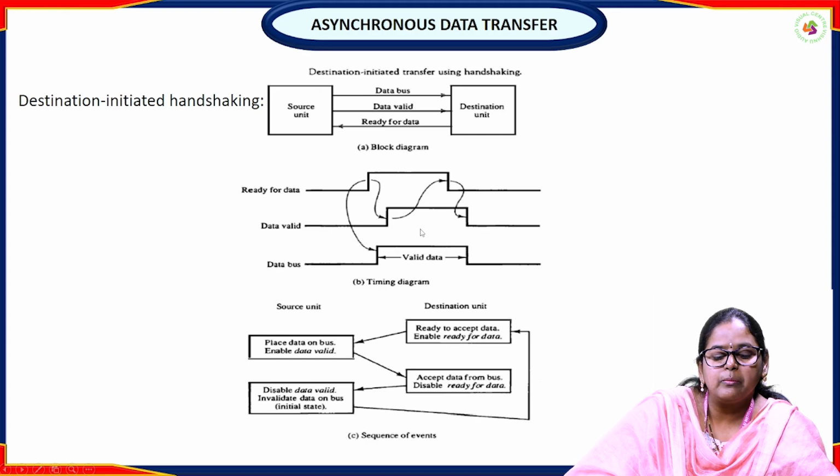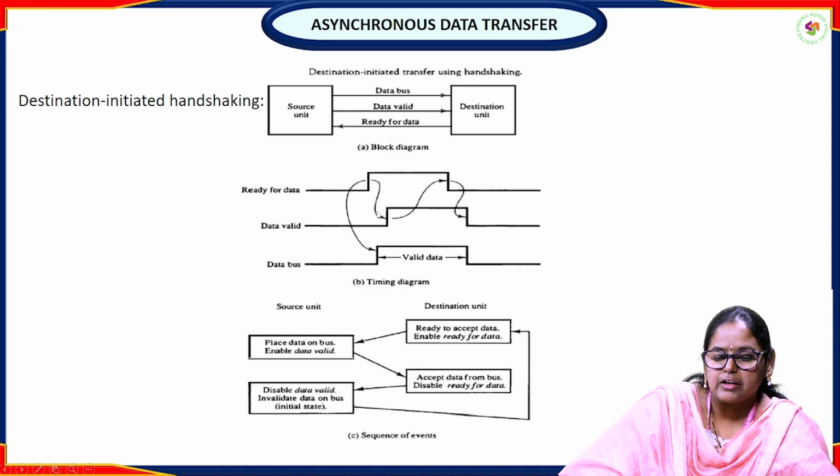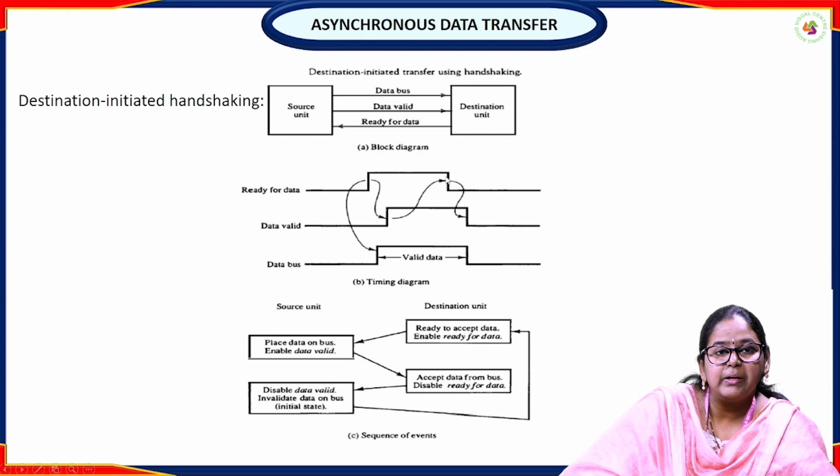Both remain in the high state for a meantime, so the destination unit accepts the data. After that, the destination unit will disable the ready for data. Disabling the ready for data is shown through the falling edge of the pulse.